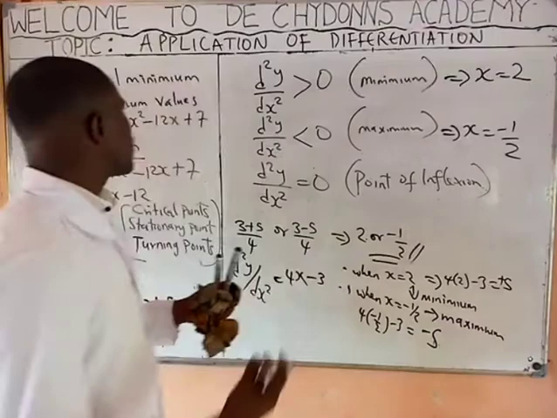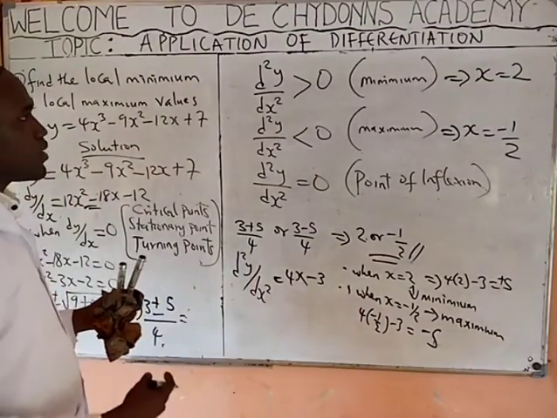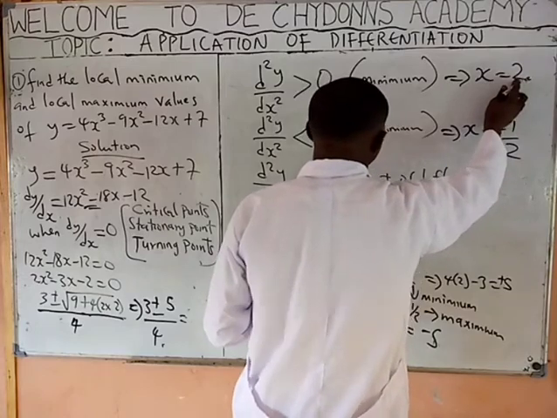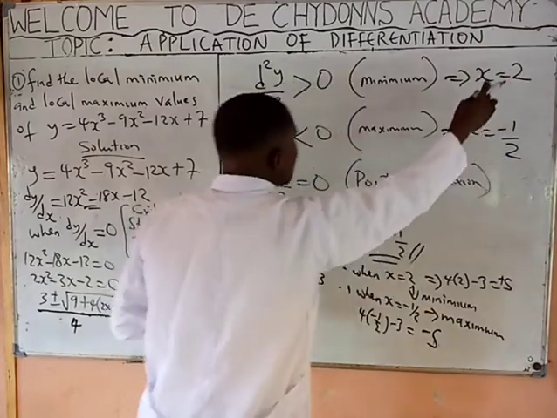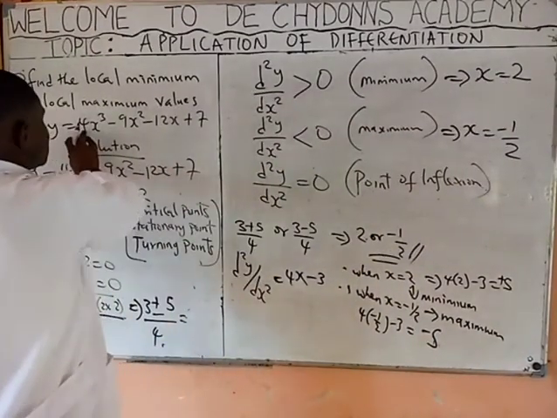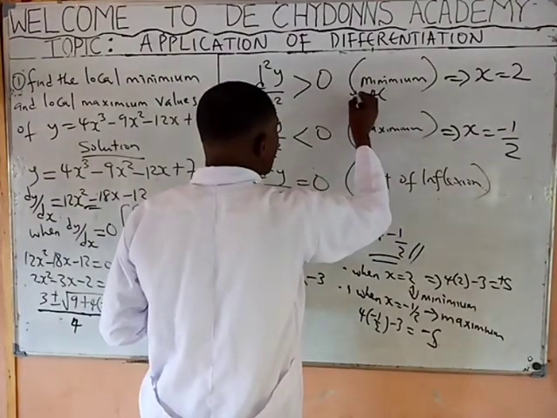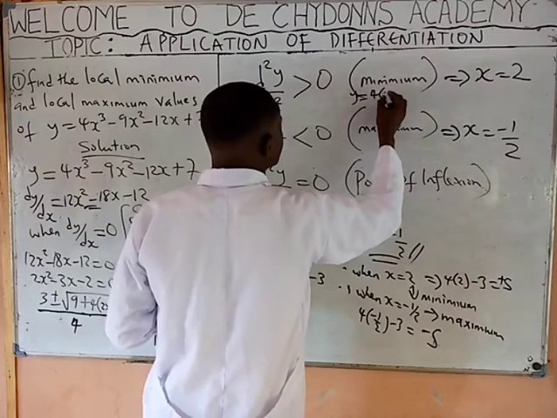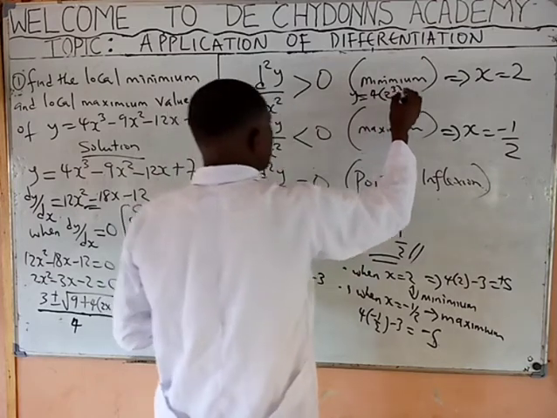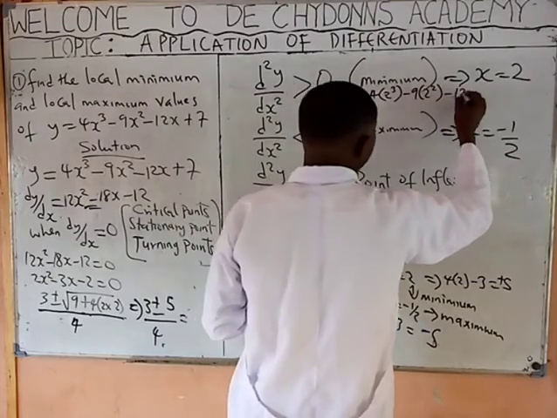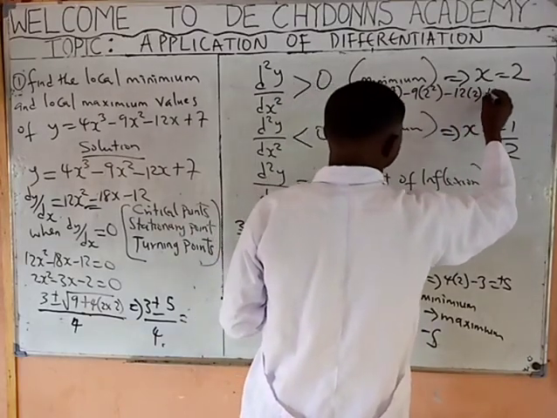So if you want to get the corresponding value of y, the implication is as x is 2, the value of y will be: carry 2 and put it here. So you say y equals 4 bracket 2 raised to the power of 3 minus 9 bracket 2 raised to the power of 2 minus 12 bracket 2 plus 7.